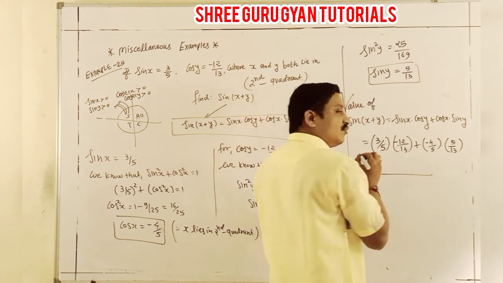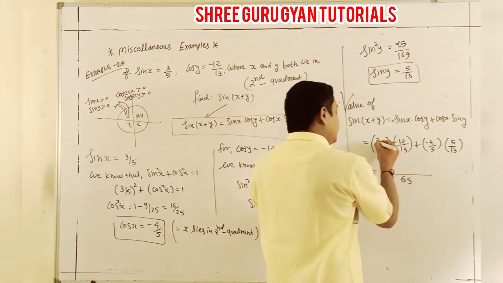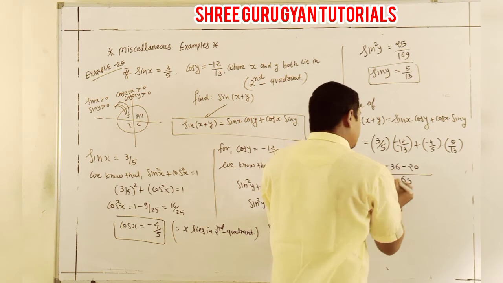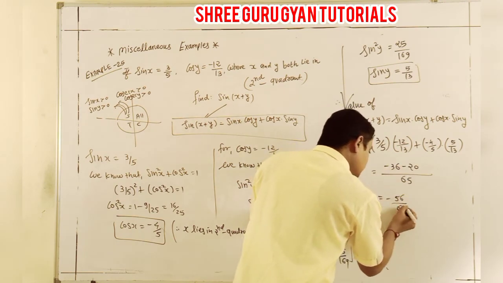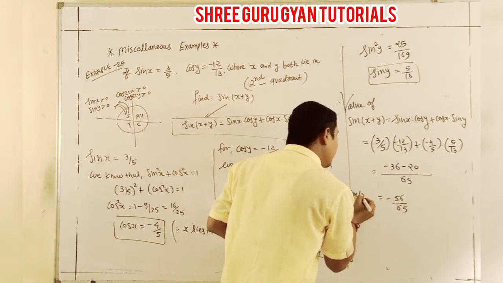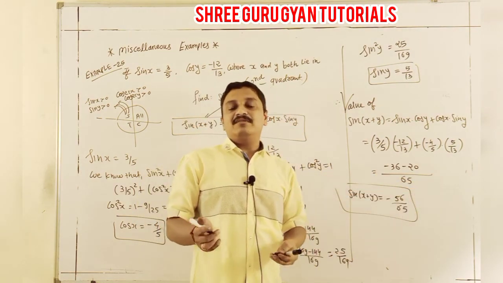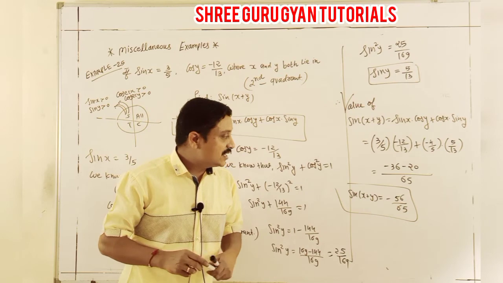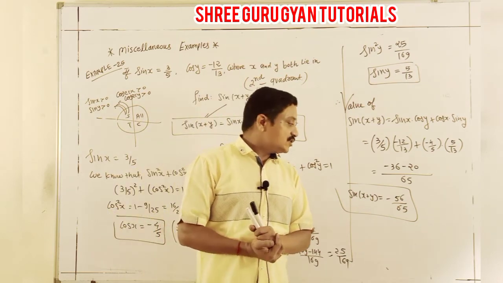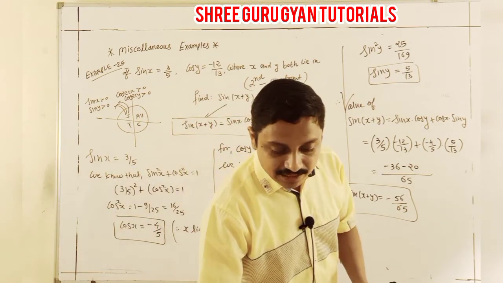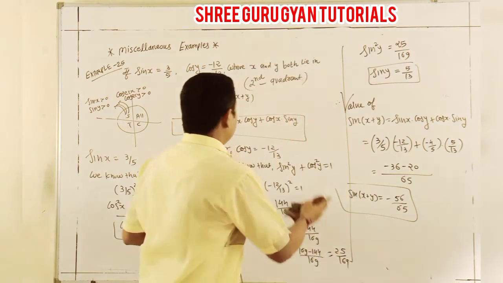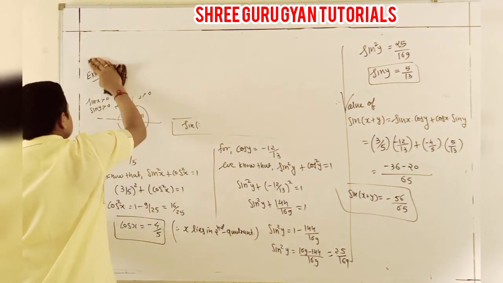So 13 5s are 65, 12 3s are 36, and 20. Minus 36 minus 20 gives minus 56 by 65, which is the final answer to this example 25.